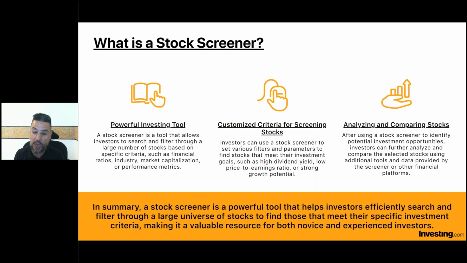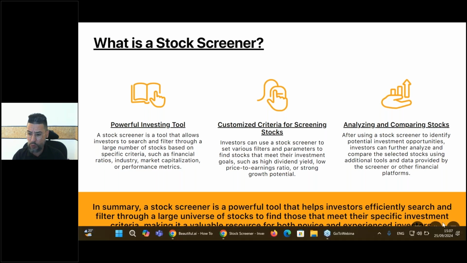It also allows you to analyze and compare different stocks. Stocks within the same industry, stocks within the same sector, it gives you a nice visual breakdown of different financial metrics and so forth. People who already use a screener are well aware of the benefits and how it helps in your trading journey.